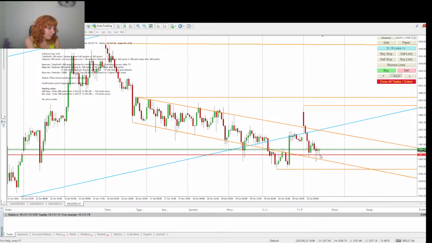And okay, let's see what's on the 30 minutes. The 30 minutes is also showing a little bit of a mix. One is showing a possible reverse, but the major ones are again more towards down, going further down.